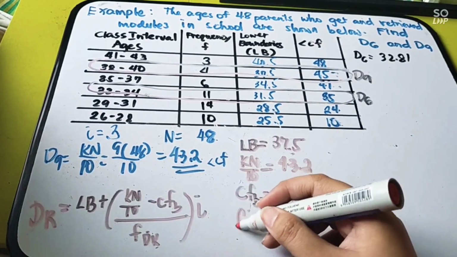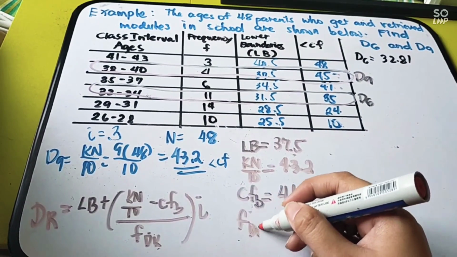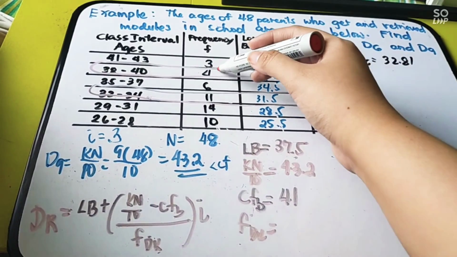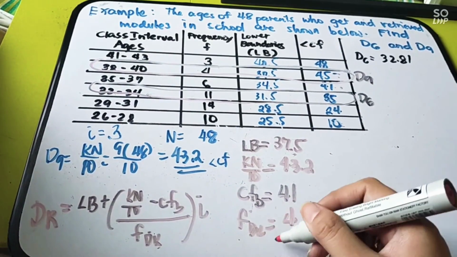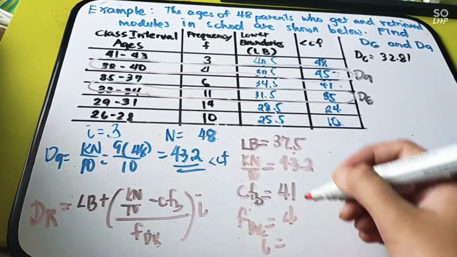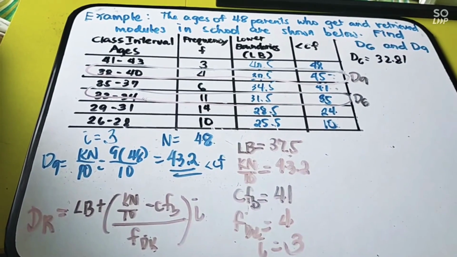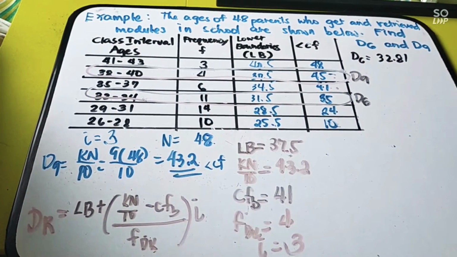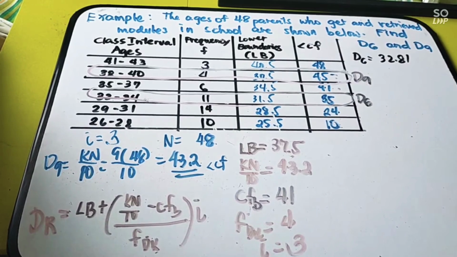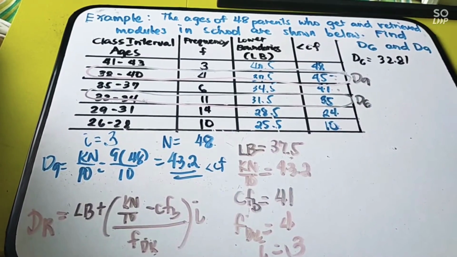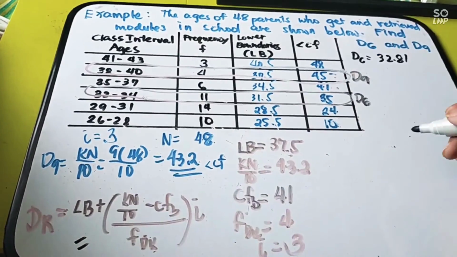And then, the frequency of your decile, we have here 4. And then, your class interval, we have here 3. Then, substitute na lang po tayo. Let us substitute the given to your formula.